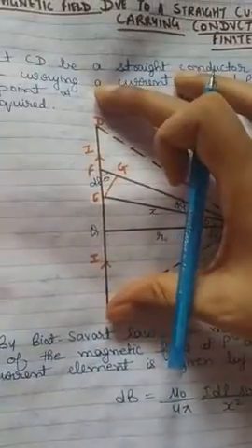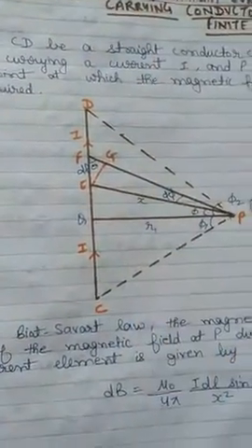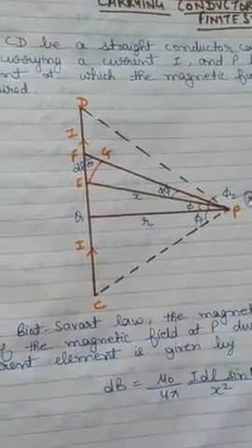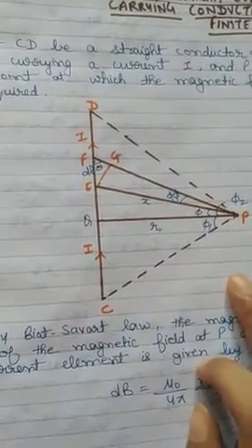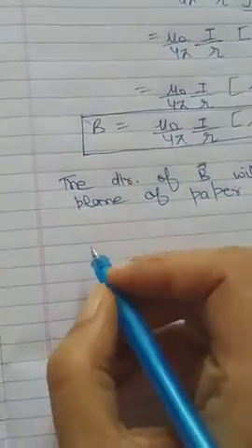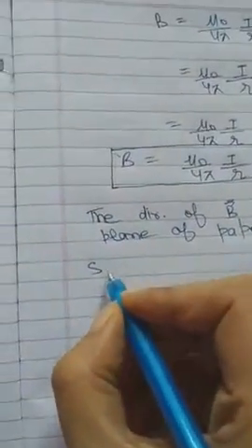Now, as I told you, when we'll get a general equation from here, we can find out for infinite length also. So in case of infinite length, if this length of the conductor is of infinite length, phi 1 and phi 2 will also increase and they reach their maximum value. So here it will become 90 degree and 90 degree. So phi 1 and phi 2 both will become equal to 90 degrees. So special cases I am going to write.